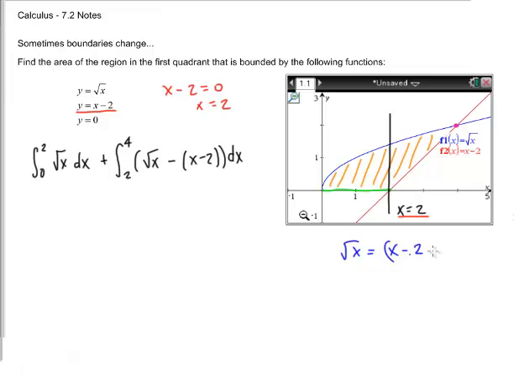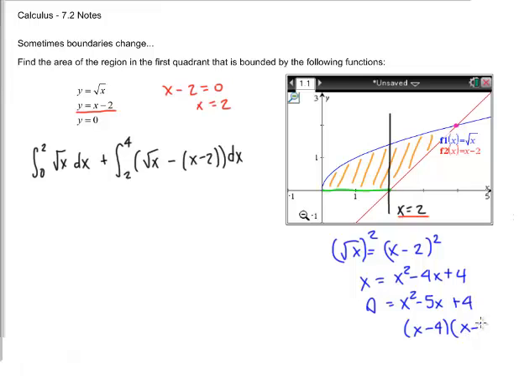I'm going to square both sides. And don't forget, when you square a binomial, you get a trinomial. So I have x equals x squared minus 4x plus 4, which is going to be 0 equals x squared minus 5x plus 4. And this factors to x minus 4 times x minus 1.